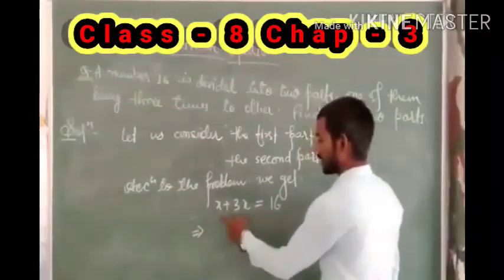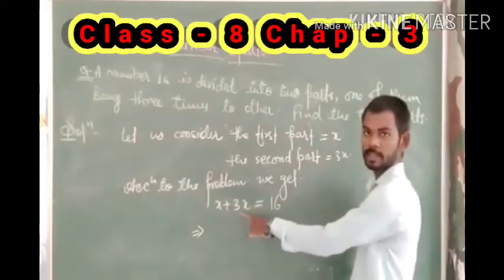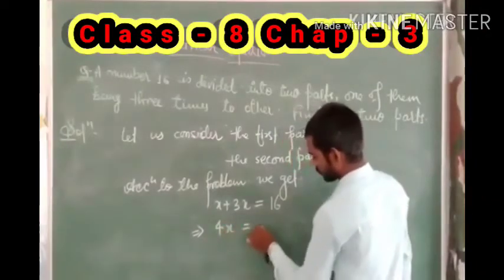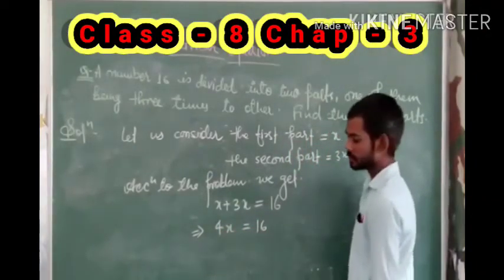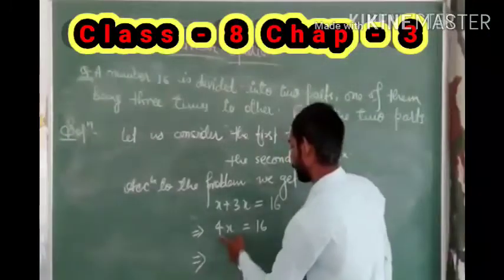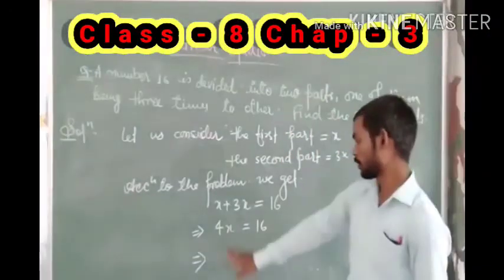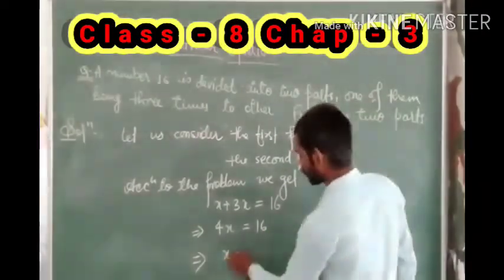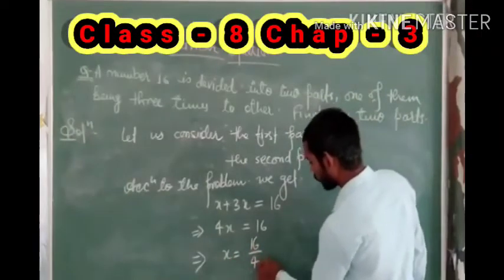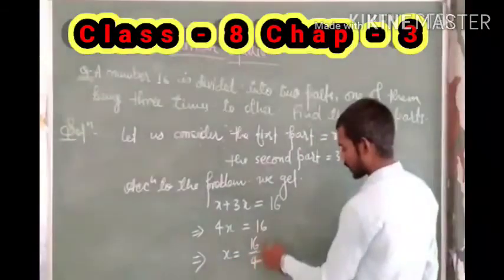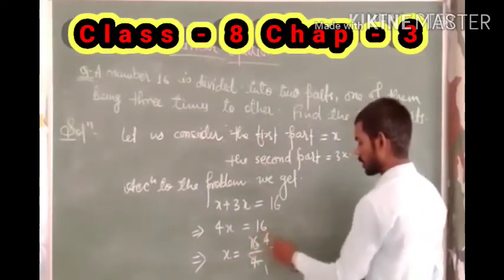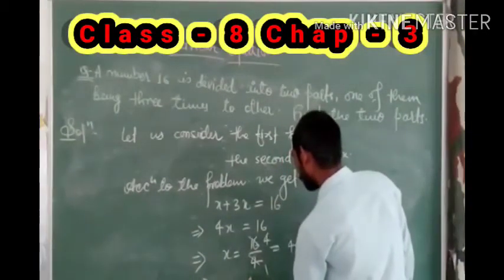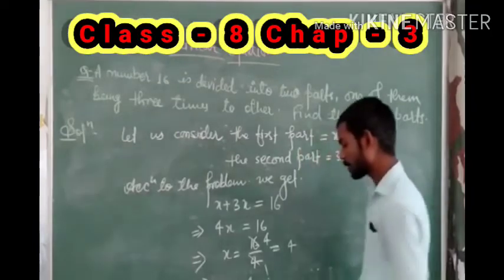This implies x plus 3x is equal to 4x. So we get 4x is equal to 16. This implies 4 is multiplied with x. So when it goes across the border, it becomes divided. So we get x is equal to 16 upon 4, and 4 4s are 16, so we get x is equal to 4.